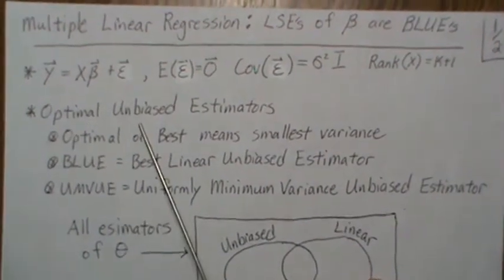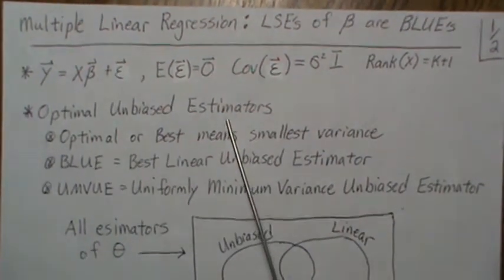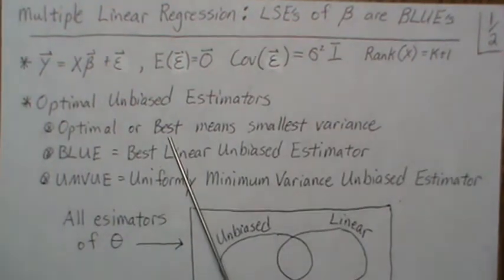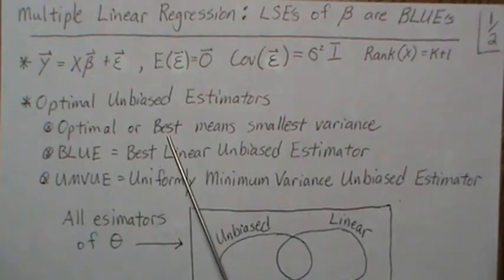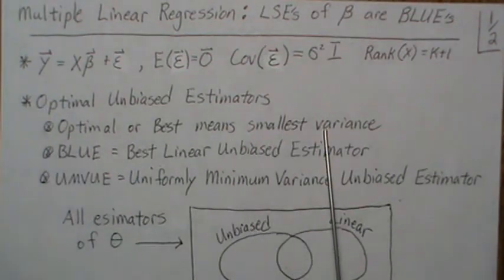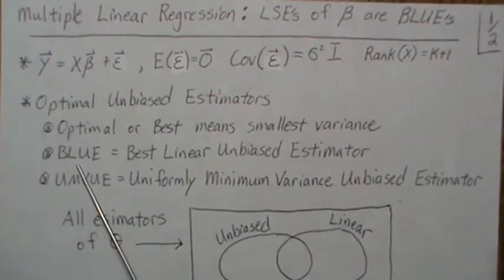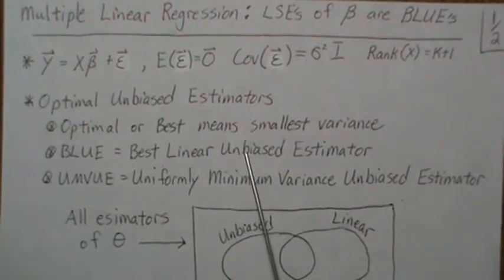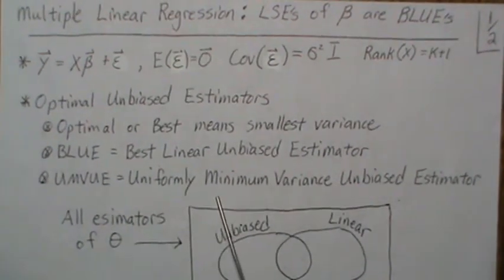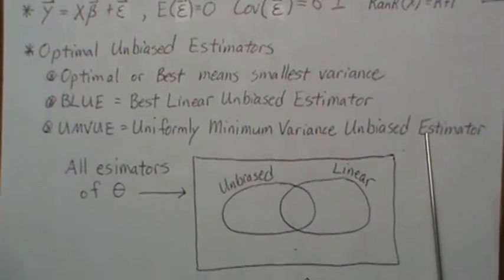Now, the optimal unbiased estimators. Whenever you see optimal or best in statistics, you have to learn what that means. It means the smallest variance. A BLUE is the best linear unbiased estimator. A UMVUE is the uniformly minimum variance unbiased estimator.